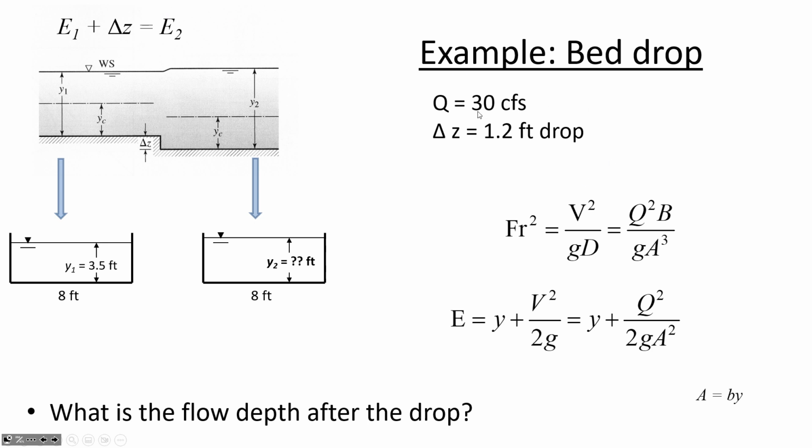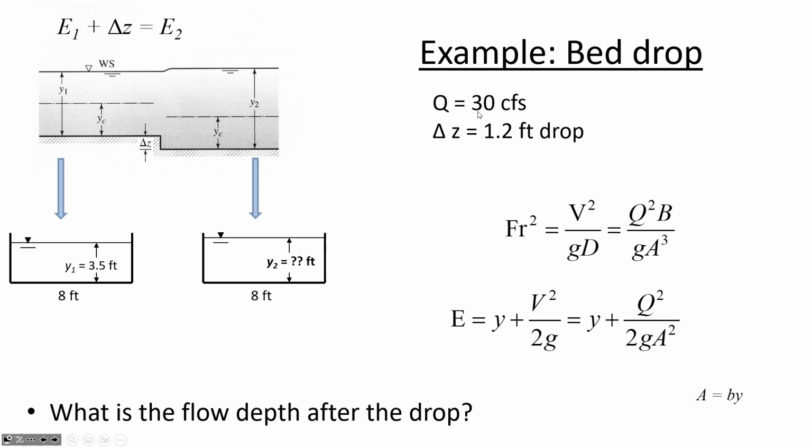So plus 1.2 foot is equal to y2 plus, now Q squared is going to be 30 CFS squared divided by 2 times 32.2 feet per second squared times A squared.